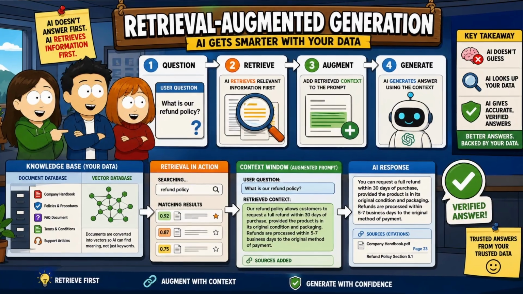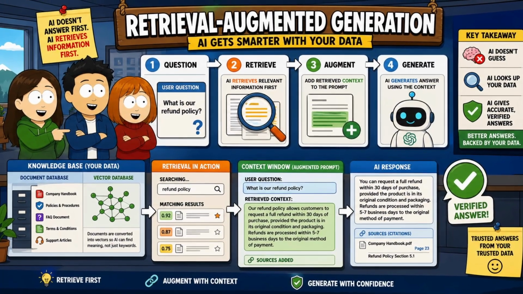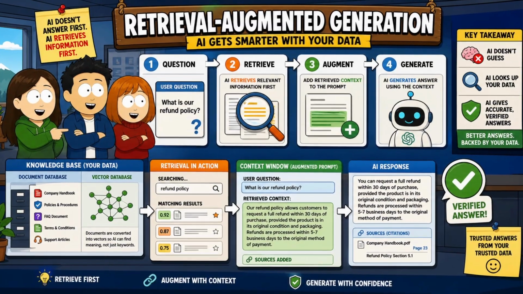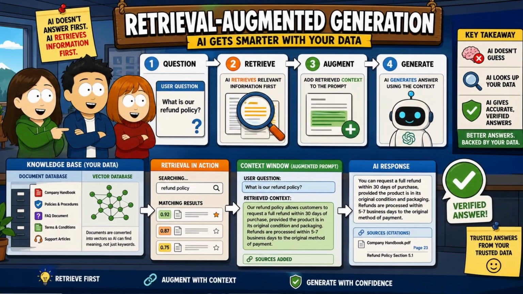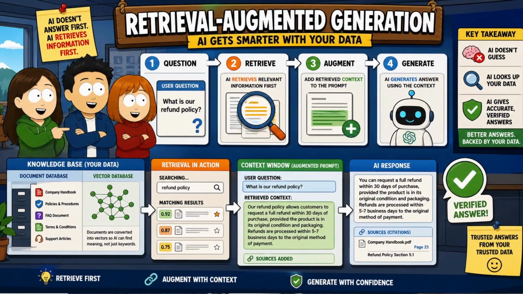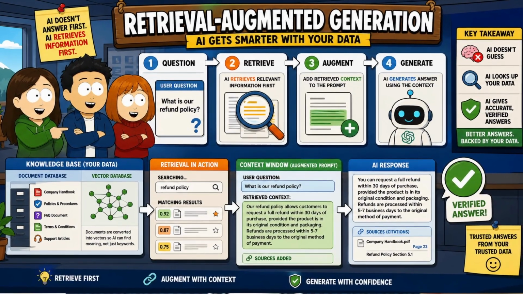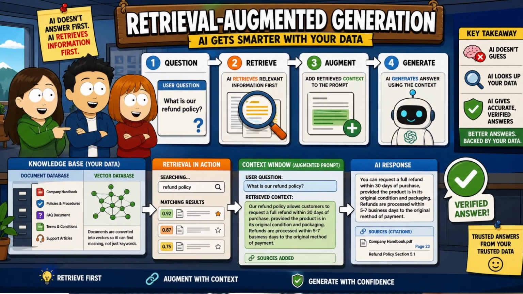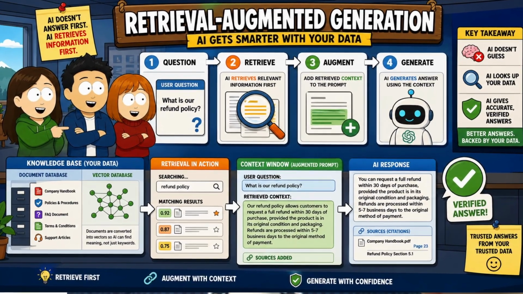Step 1. The question goes in exactly as asked. In step 2, the question gets converted into an embedding. The vector database finds the closest matching documents, often combined with keyword search to catch exact terms like SKU numbers or policy IDs or whatever else.